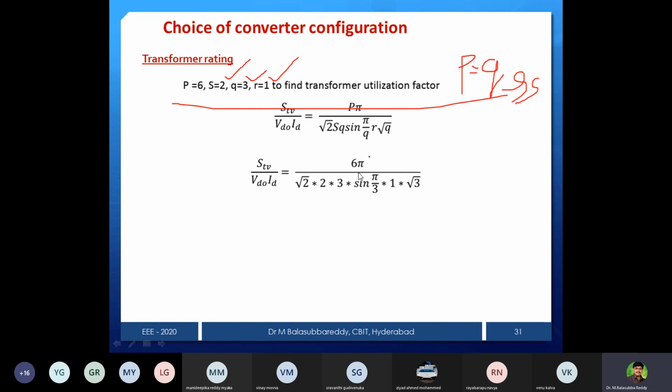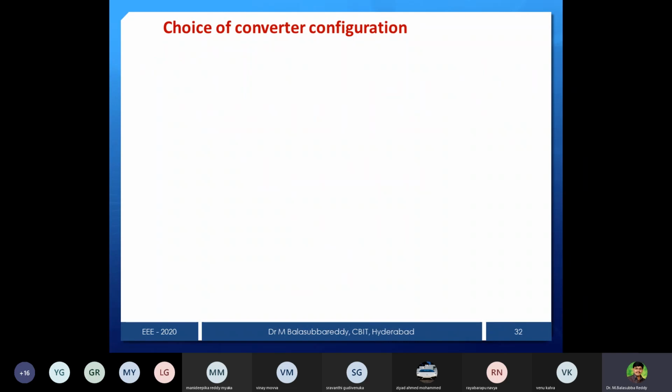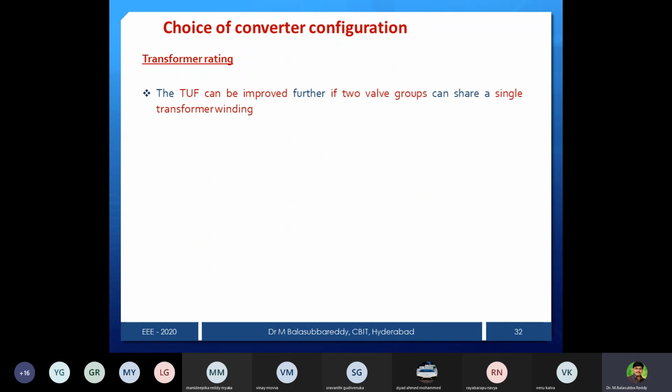So here we just substitute the Q value, the R value and the S value. We'll get the utilization factor equal to 1.481. Just simple substitution, with pi by 3 and root 3, all these things you can make use of. We'll get the transformer utilization factor.